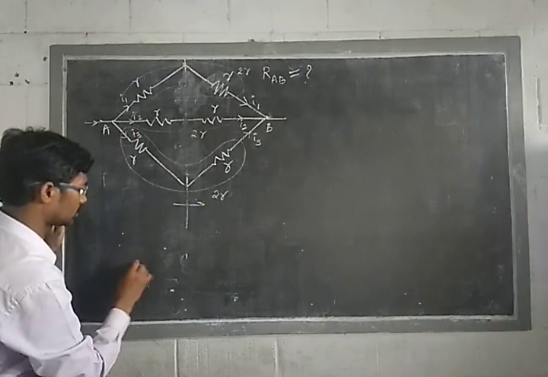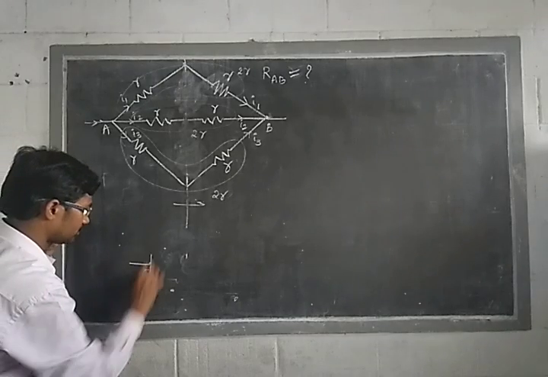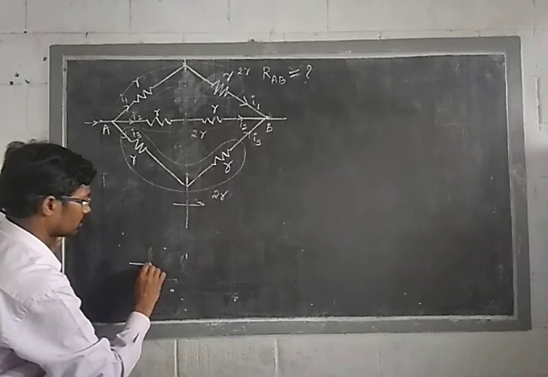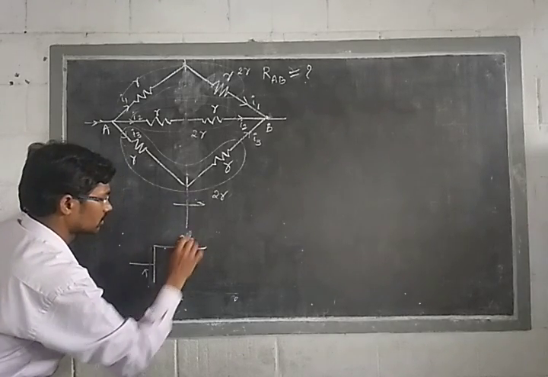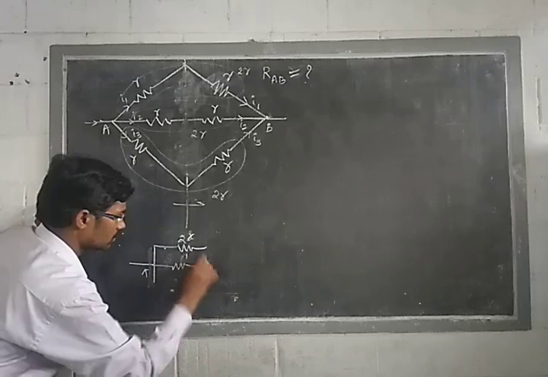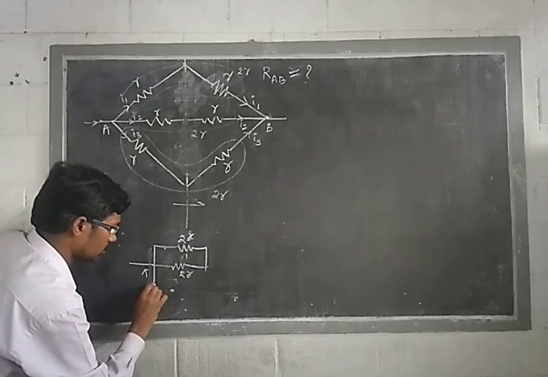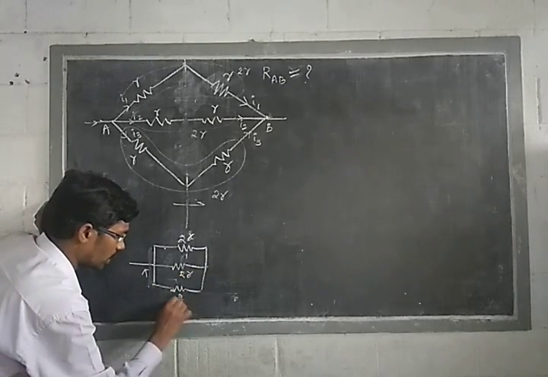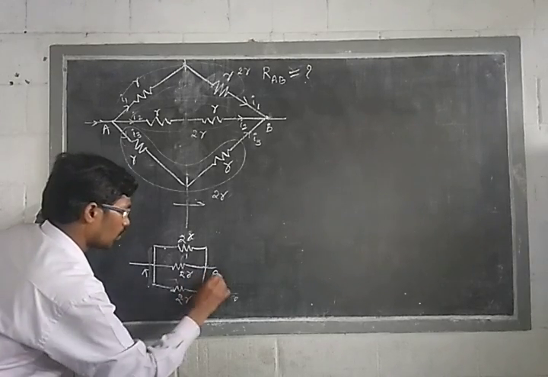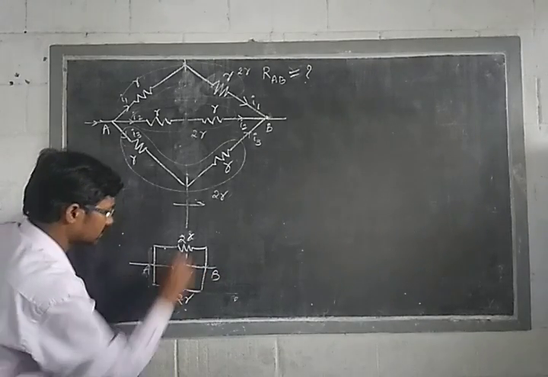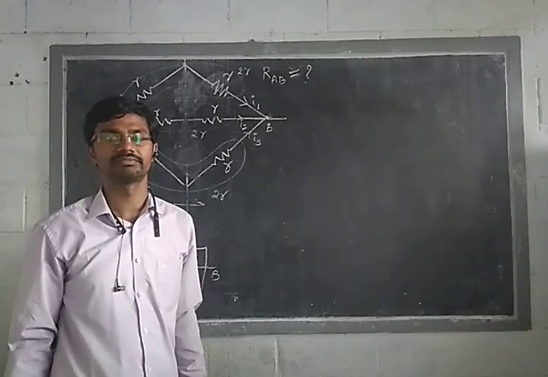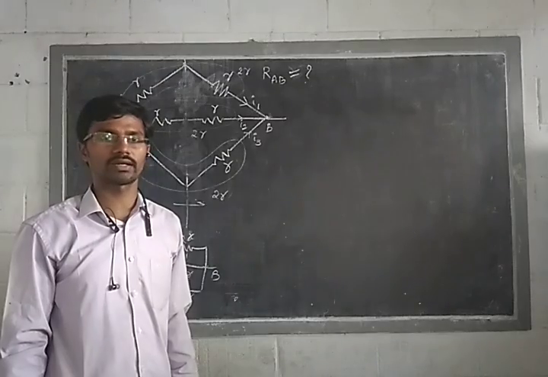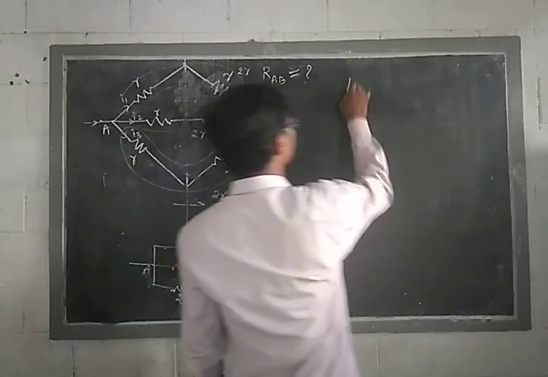Now let me draw here A, 2R, 2R, 2R. Now what is the combination of these three? Can you tell? Parallel. In parallel combination, what is the equivalent resistance?